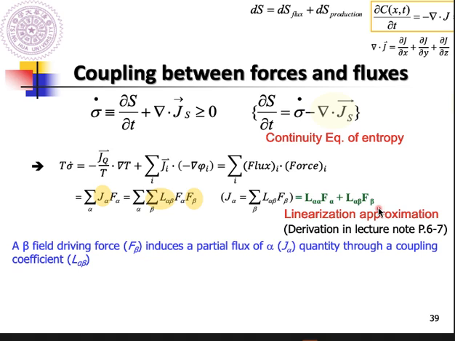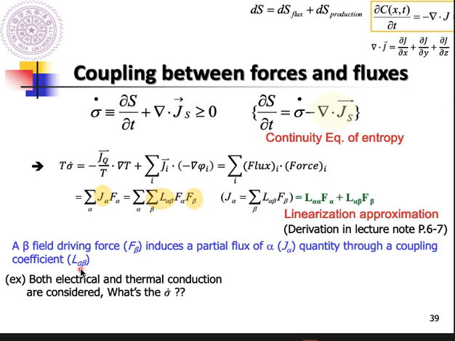But if our system has another driving force, which we call F beta, this F beta also contributes to the flux J alpha, and how much it contributes to J alpha we call the indirect coefficient L alpha beta. The physical meaning here is that the beta-field driving force F beta also induces a partial flux of alpha quantities through a coupling coefficient L alpha beta.